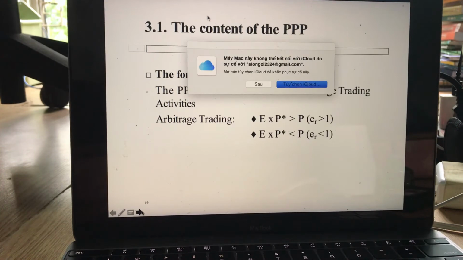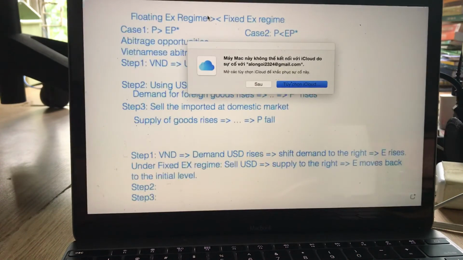The idea here is derived from the law of one price. In the law of one price, the prices of goods are equal when expressed in the same currency. On the whiteboard so far, we only have the price of commodity X, P star i.